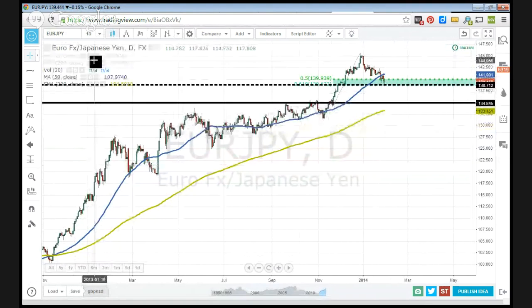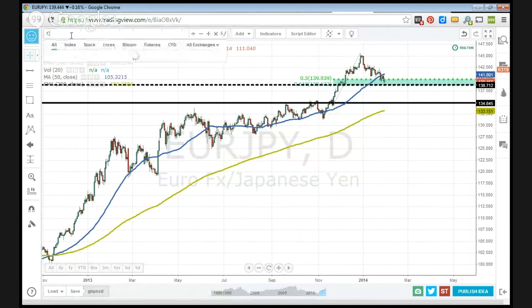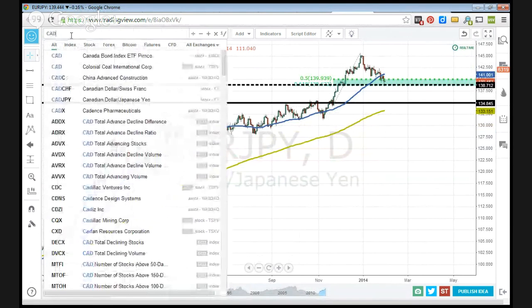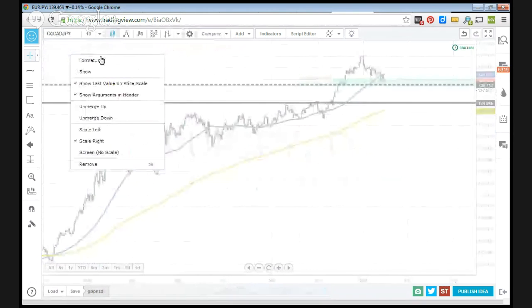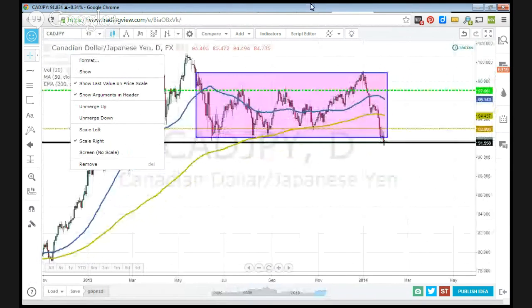Let's look at Canadian dollar yen again. I think I may require, because the yen's been, because I'm seeing mixed signals in some respects, I think I may want to see some more candlesticks confirming.